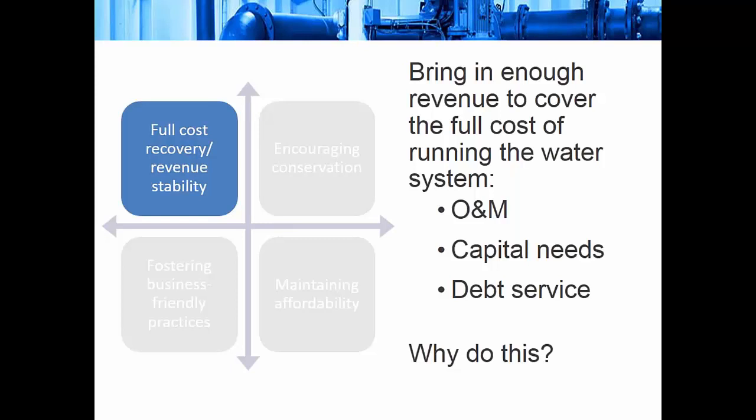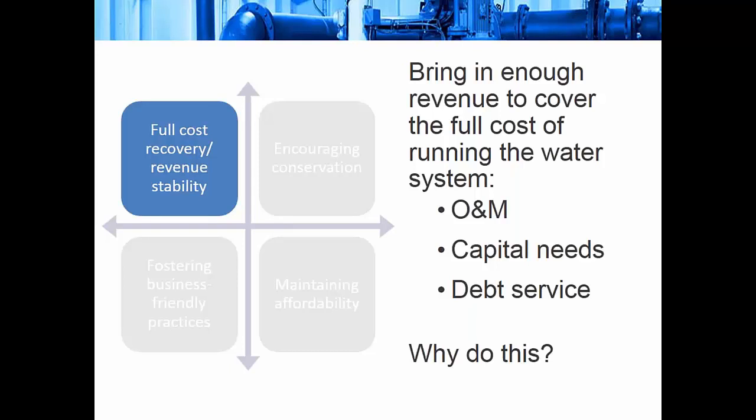And why do this? Why is this important? Well, because we want to have well-run water systems today and into the future. And we know from doing a lot of work with water systems and looking at their financials that full cost recovery and revenue stability is not always something that water systems achieve. They often bring in enough to cover, say, their operation and maintenance costs.